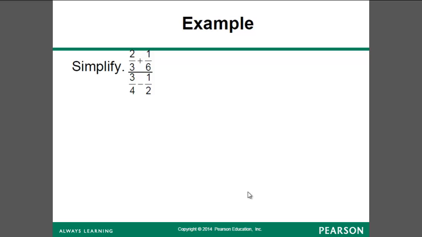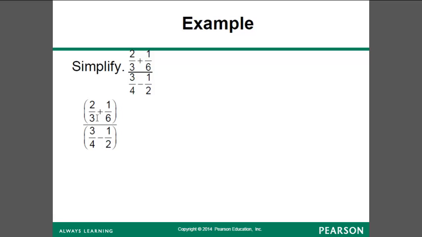I have 2/3 plus 1/6 divided by 3/4 minus 1/2. So I think of it as I have to simplify the numerator and then simplify the denominator first. So I have got to get a common denominator for the numerator and a common denominator for the denominator.